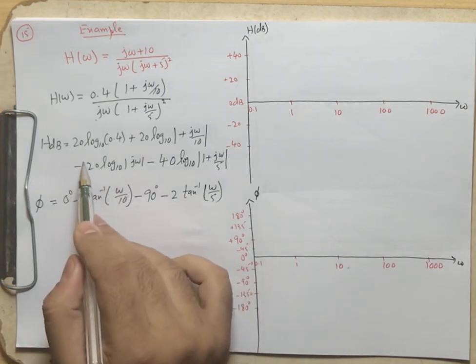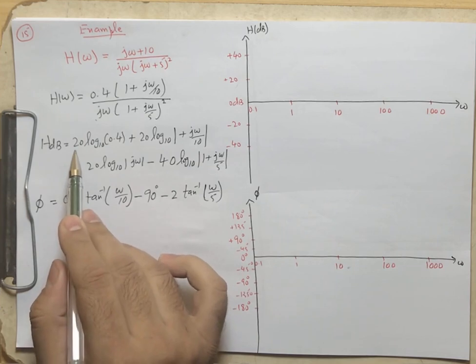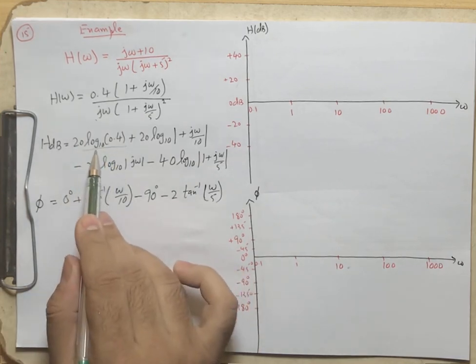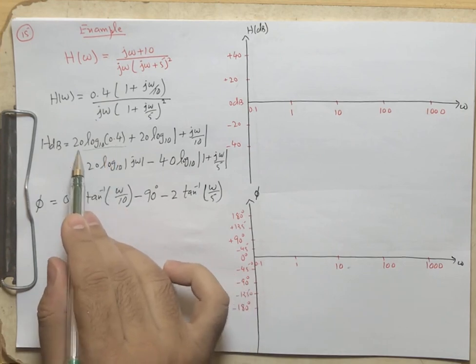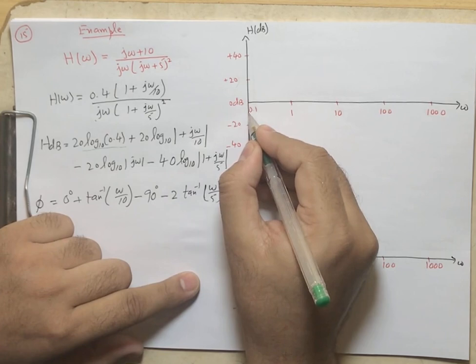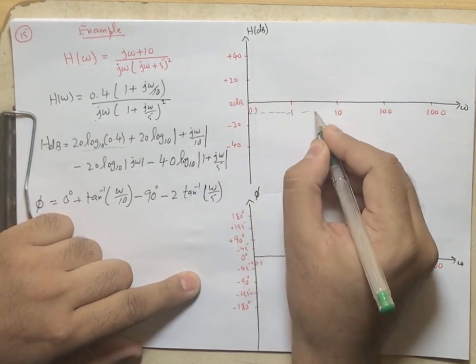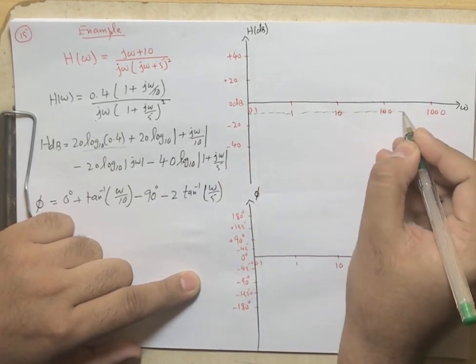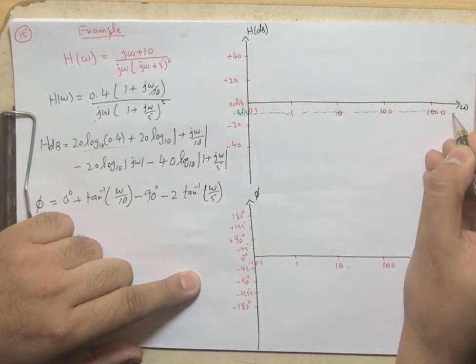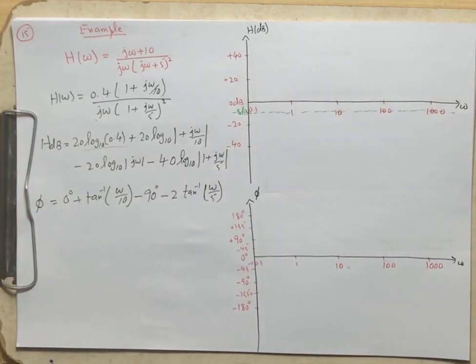First, we have a constant term over here, log 10 of 0.4, which you multiply by 20, so you have a straight plot at minus 8 dB.